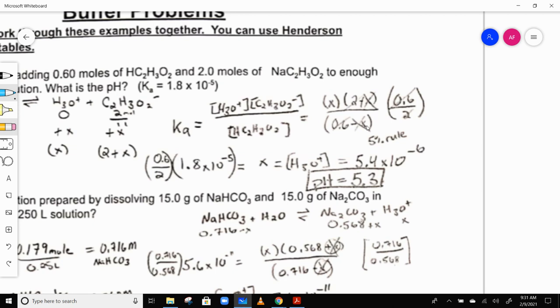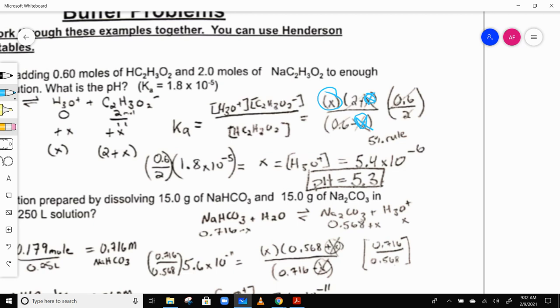We can assume that the amount of dissociation going one way or the other is going to be minimal. So these X's are going to be very small. Okay, we're going to ignore those. And then we're going to solve for X here, because that's what we want to find, right? The H3O+ concentration.